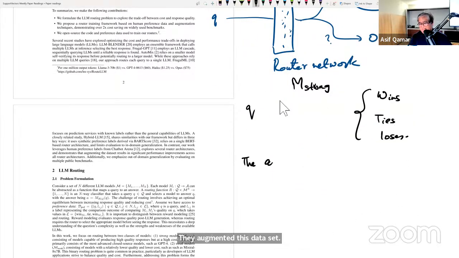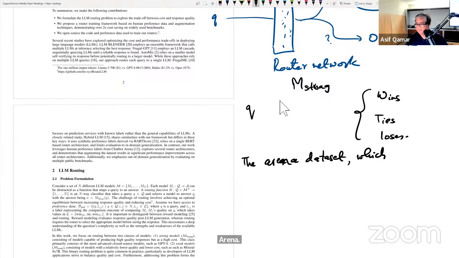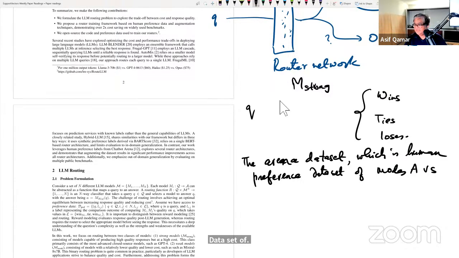The arena data set, which is a human preference data set of models A versus B. All you have to do is pick places where one is strong, one is weak.